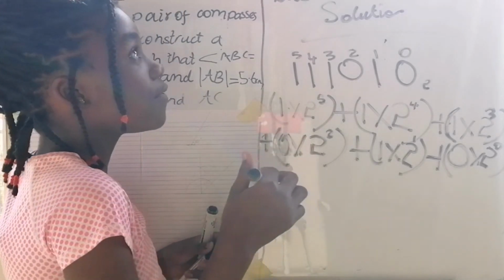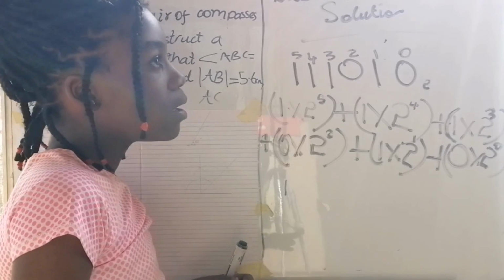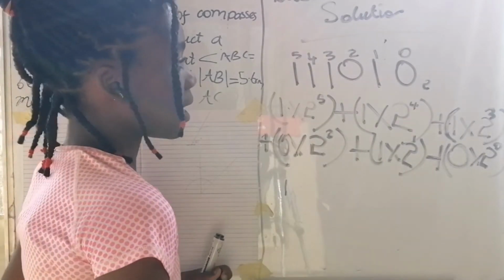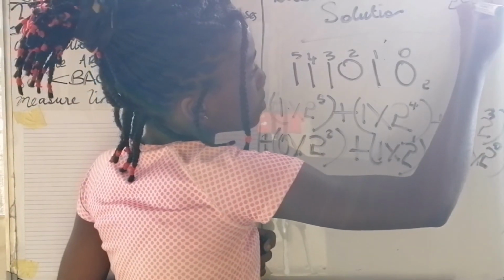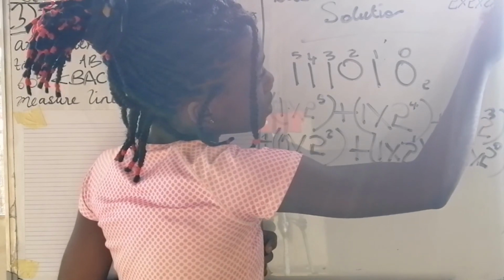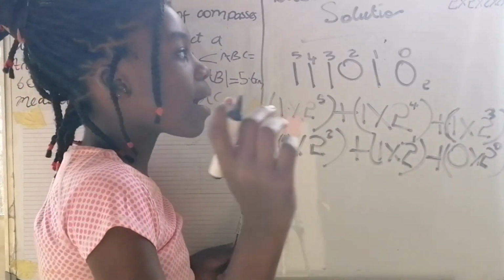So 2 raised to the power of 5 means 2 times 2 times 2 times 2 times 2, multiplying 2 by itself 5 times. 1, 2, 3, 4, 5. Yes, I'm correct.